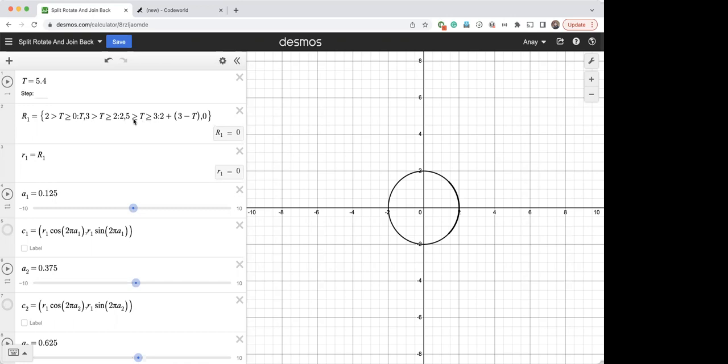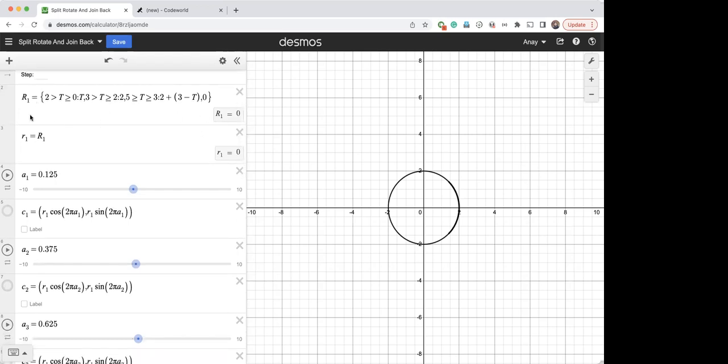And between 3 and 5, now this is where it gets interesting: move it back. Because of this R1, it expands and then comes back. It starts, then stays constant at the value 2, and then it comes back. And finally, for all other values, make it 0.